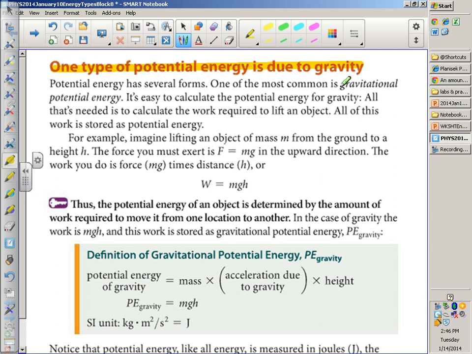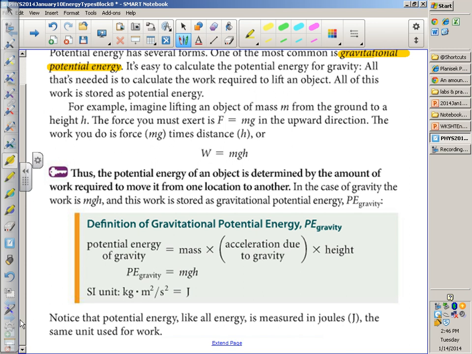We refer to it as gravitational potential energy. Gravitational potential energy is where an object is relative to a source of gravity. Usually the source of gravity that we're concerned with is what? What's the biggest source of gravity that dominates our lives?